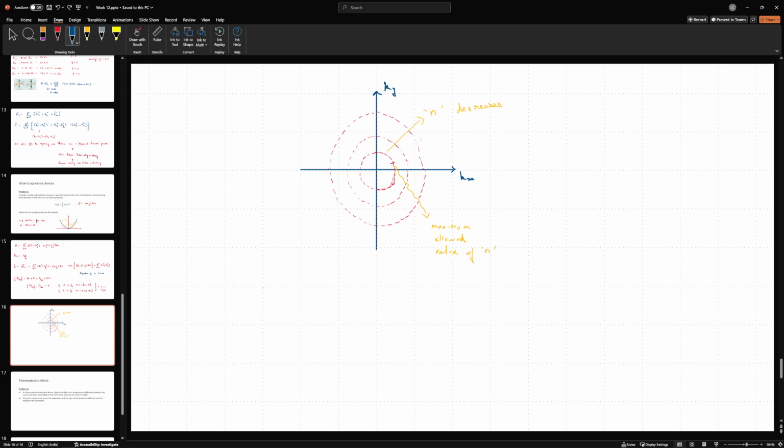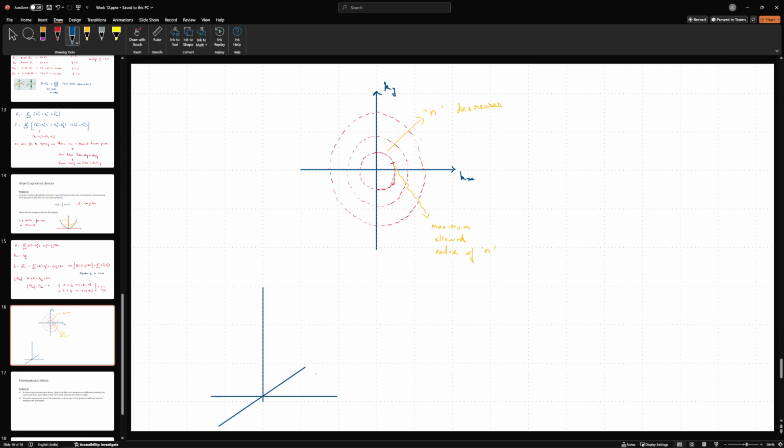So how do I draw this in 3D? And I will just draw a quick and dirty x-axis. Yep.